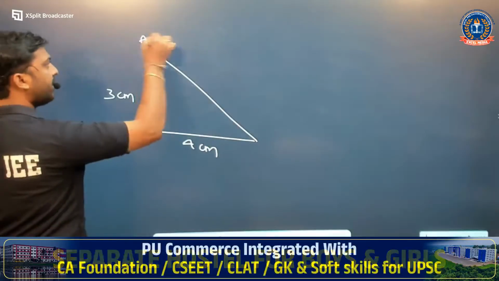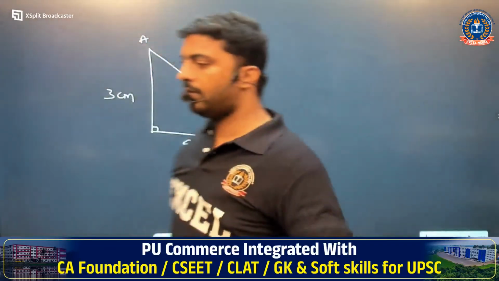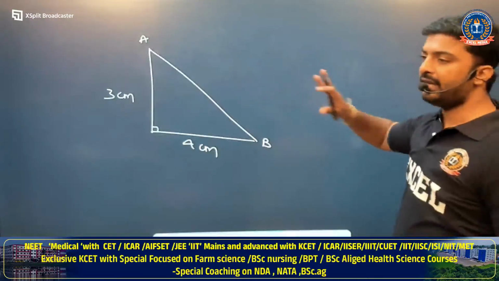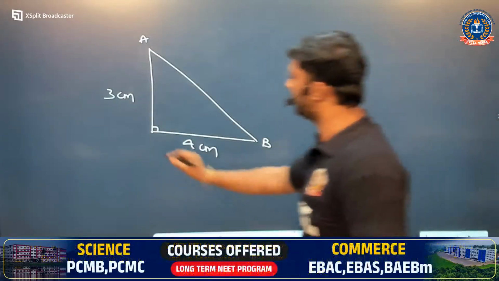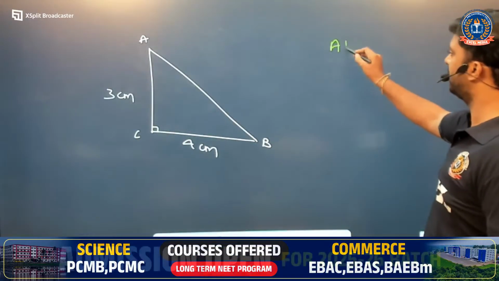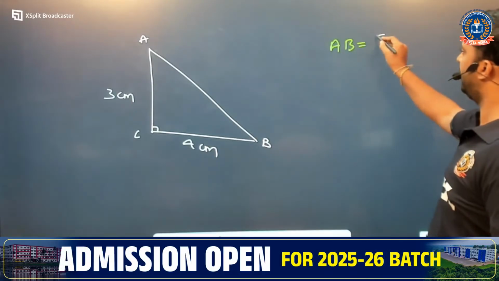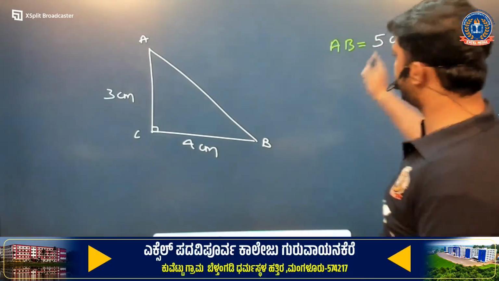What is the length of AB here? Or you can find it mathematically. AB is 5, right? Length of AB is 5 centimeter. If you use Pythagoras theorem, it is 5.